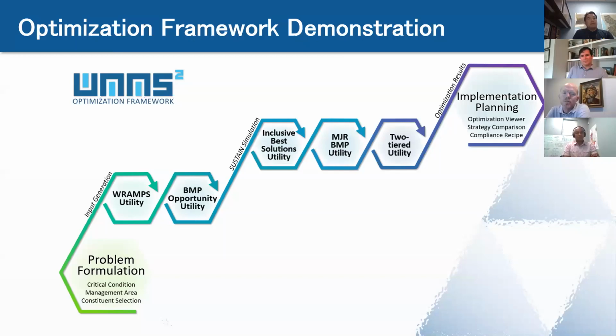I'm going to work through each one of these until we get to the implementation planning bubble. The idea is to show how the process works, the mechanics of this optimization framework, and also the resources and materials that users have available to them all along the way.